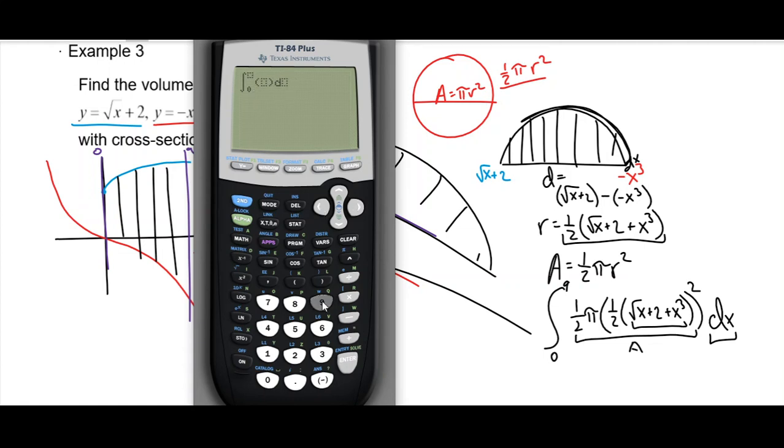0 to 9. And the function I have in here, let's put this carefully now, it's going to be 1/2 times pi times, let's do this carefully, 1/2 multiplied by the square root of x plus 2 plus x cubed.